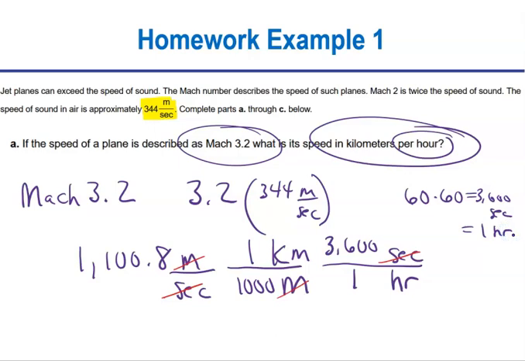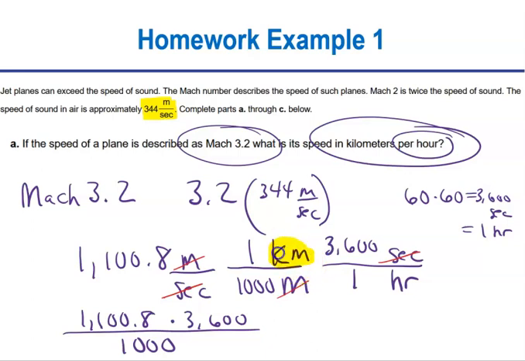Now what do we do? Well, notice in the numerator, we've got 1,100.8. Now we're timesing it by 1 times 3,600. In the denominator, I have this 1 second times 1,000 times 1. So I'm just going to put 1,000 in the denominator. And look at the units that are left. This is the important part. All of it's important. Kilometers per hour.